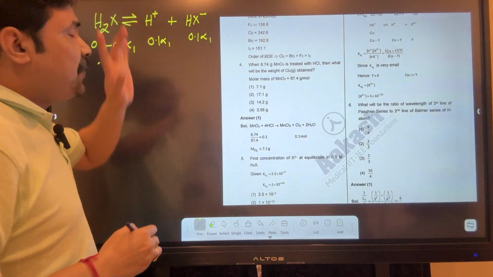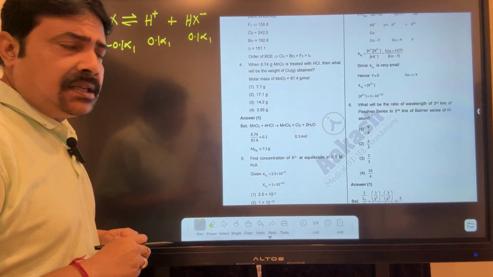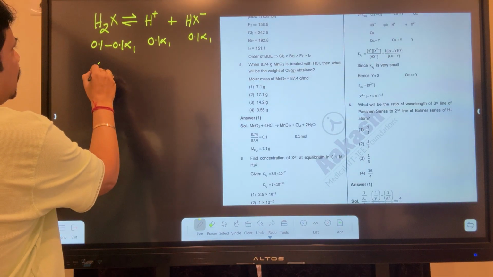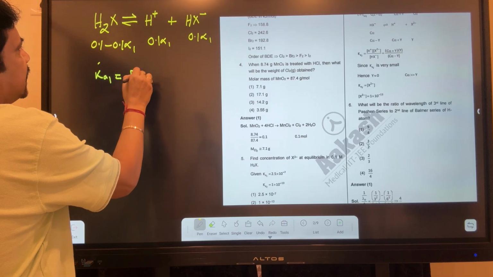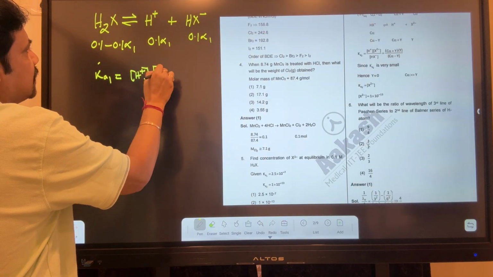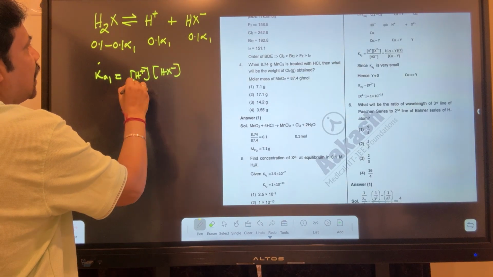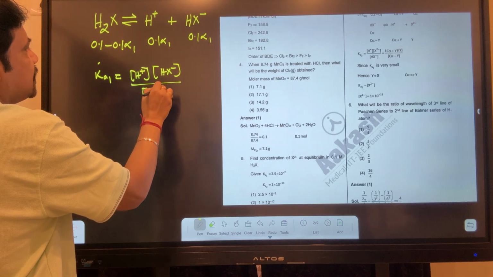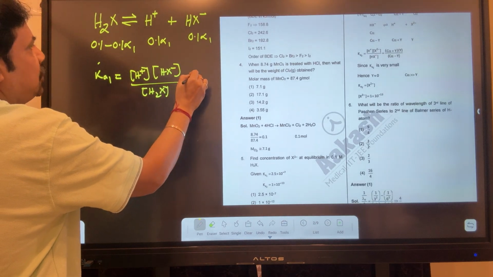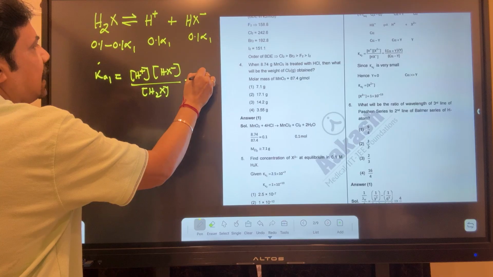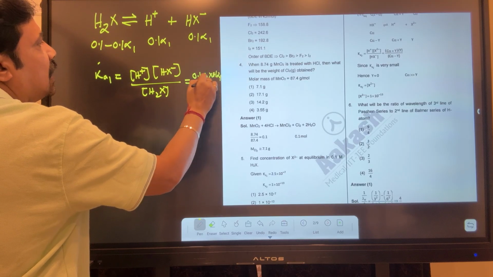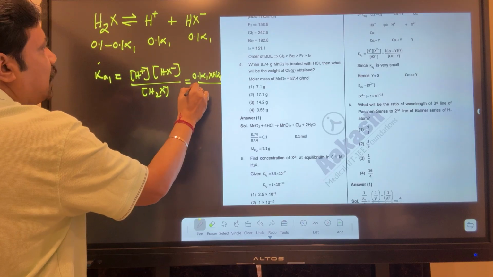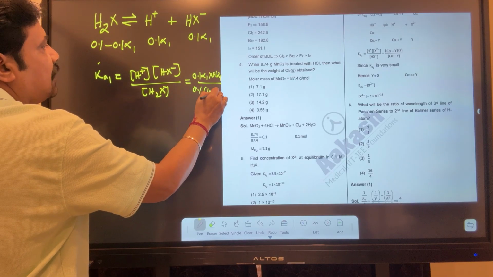This is for the first dissociation constant K1. Then immediately I can write my K1 expression equals H plus concentration into HX minus concentration divided by H2X concentration. Now all those values we know. This is 0.1 alpha 1, this is also into 0.1 alpha 1, and if you take 0.1 common, it is 1 minus alpha 1.